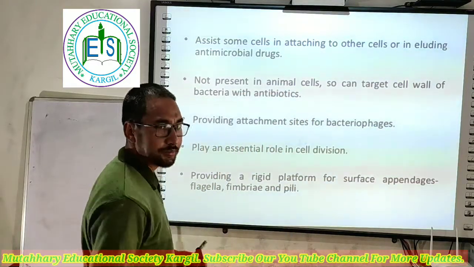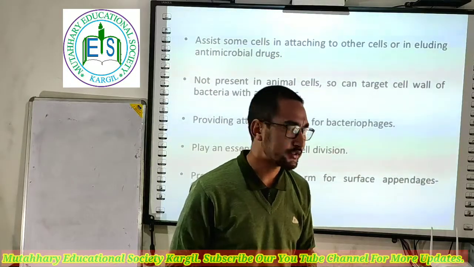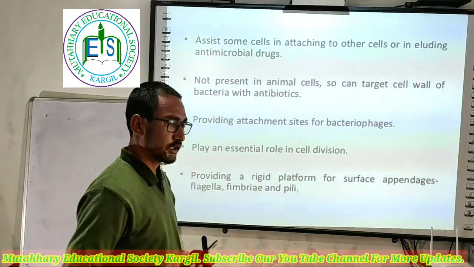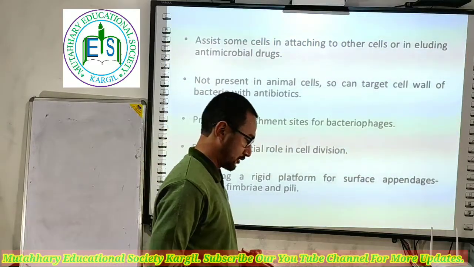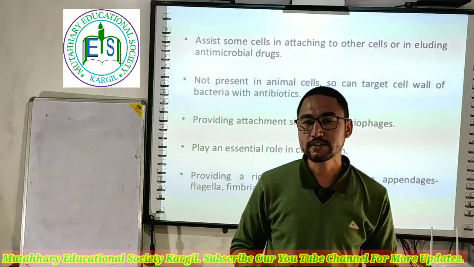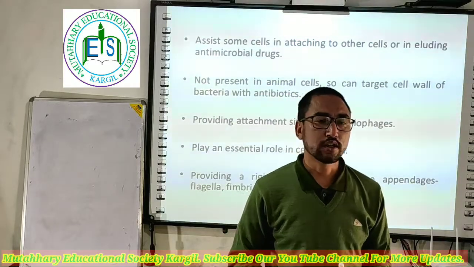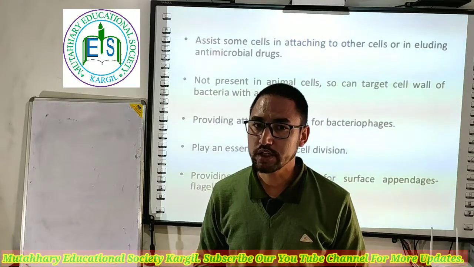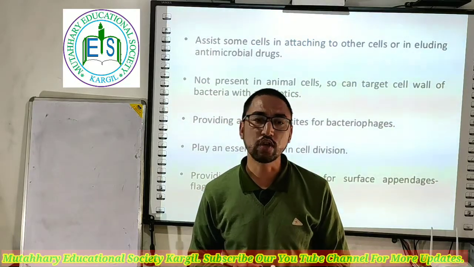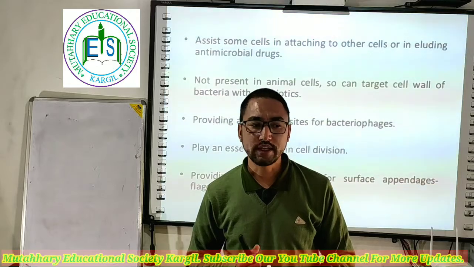So these are not present in animal cells. Why? Because it is a characteristic feature of bacterial cells. Because of the absence of a cell wall in animal cells, the cell wall of the bacteria can be taken as a target for the activity of antibiotics.